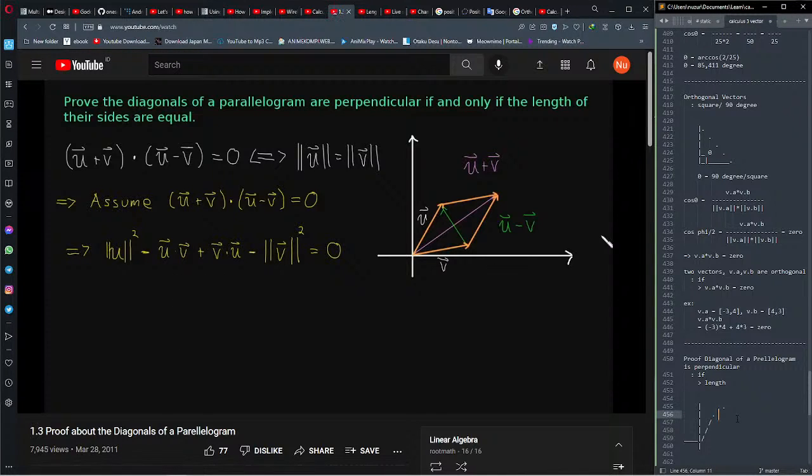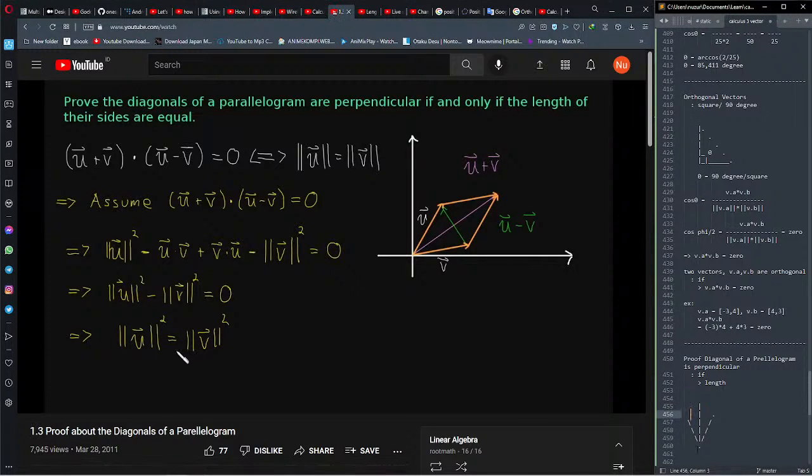Because all we did was expand it out, which in turn implies that the length of u squared minus the length of v squared is equal to 0, which again implies that the length of u squared is equal to the length of v squared.